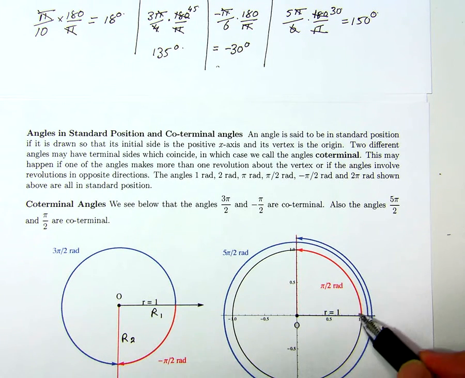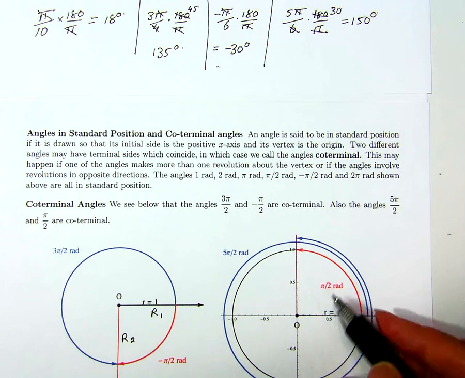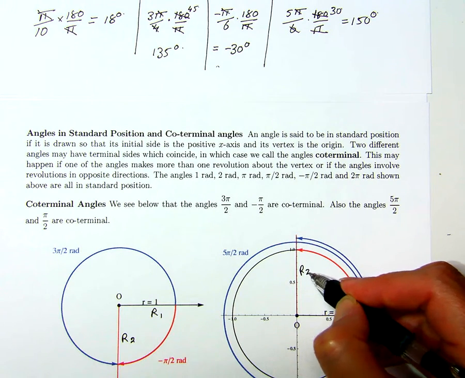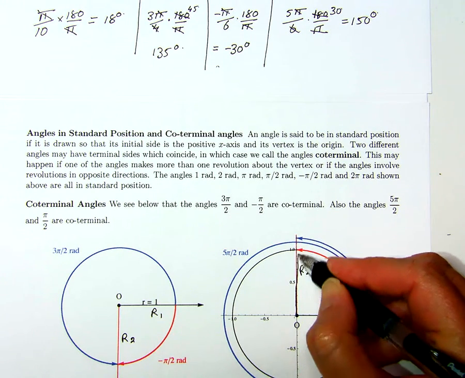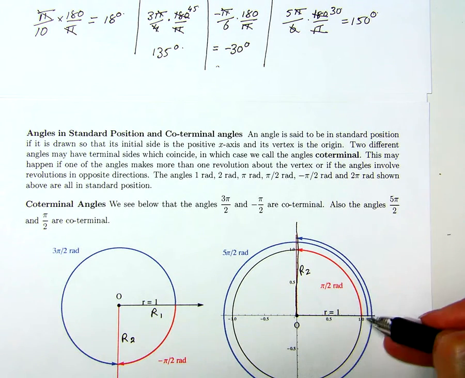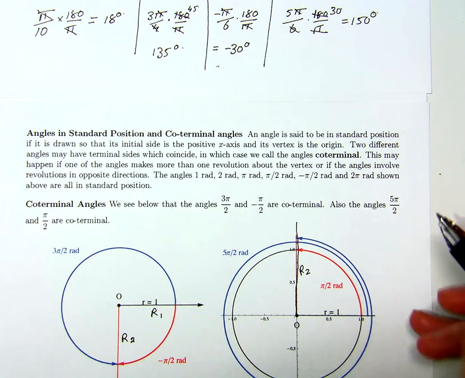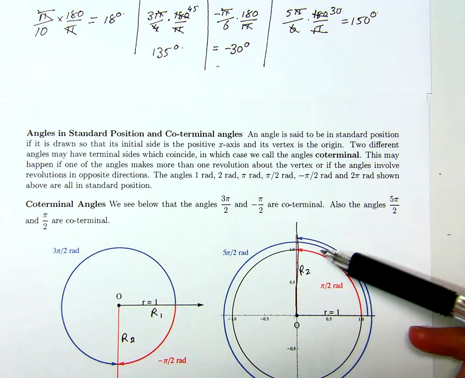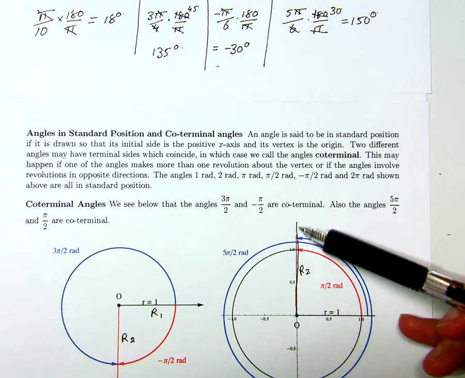So here you see the angle pi over 2 has the same terminal side as the angle 5 pi over 2, which is one full revolution plus another pi over 2. So in this situation we say that these angles are coterminal.